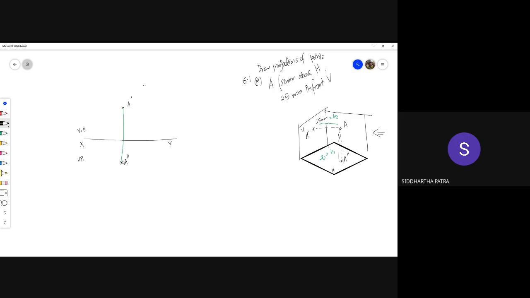Let's say now you may be interested in finding out the profile view. So what you can do is imagine this line separates the profile plane and the vertical plane, and I'm extending the xy line actually. Now again, I'm drawing a set of construction lines. All of these lines are thin lines, by the way.